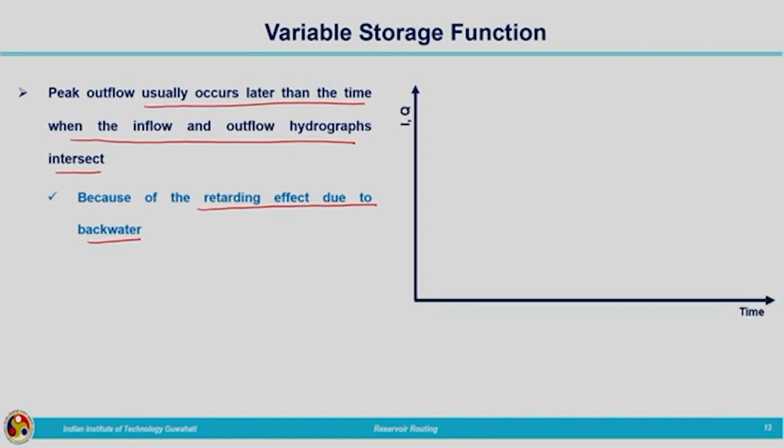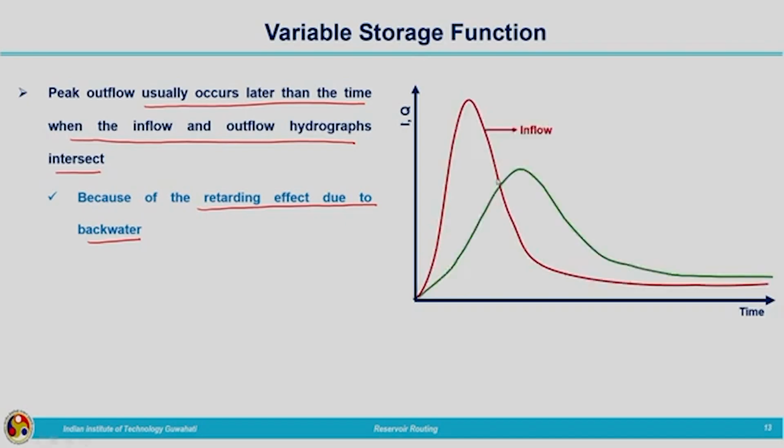So, if you plot it, it will be like this. We have the inflow hydrograph, and this is our outflow hydrograph. From the curve, it is very clear that the points R and P do not coincide. R represents the point of maximum storage, and P is the peak of the outflow hydrograph. Both are different.